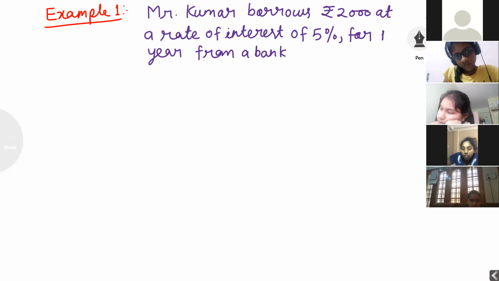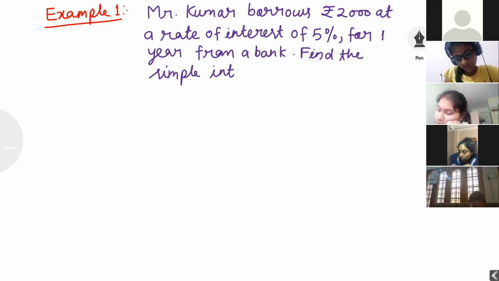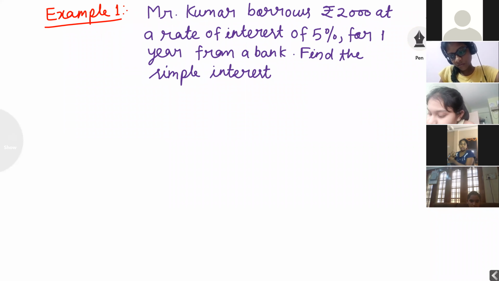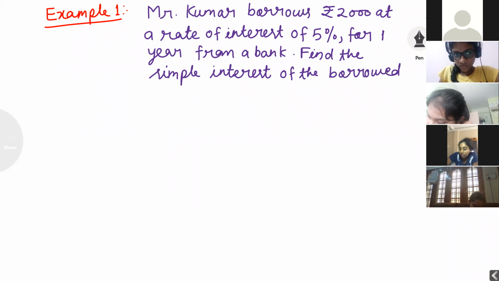Find the simple interest of the borrowed amount.